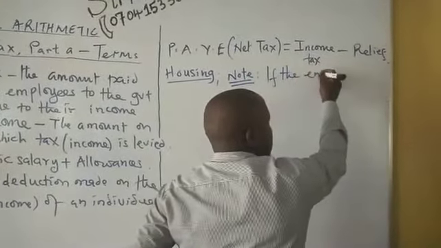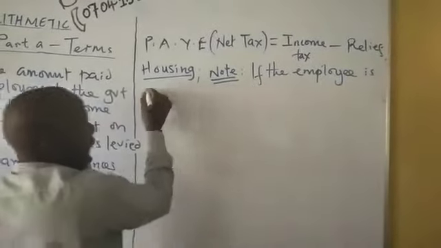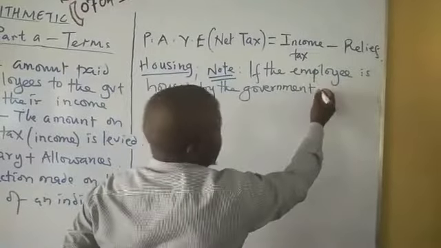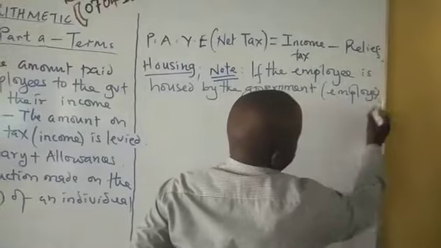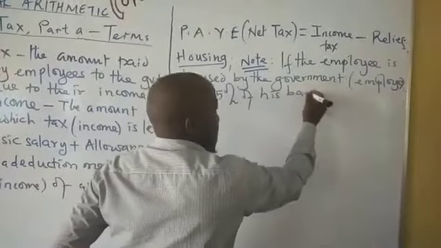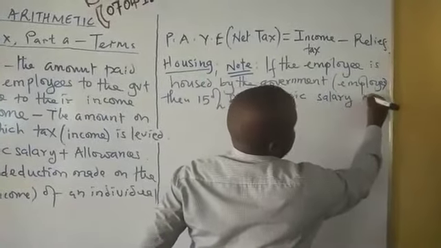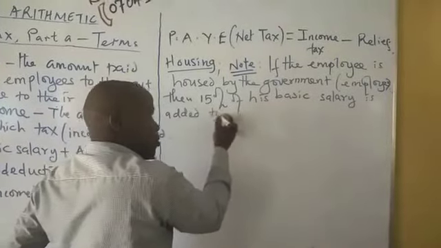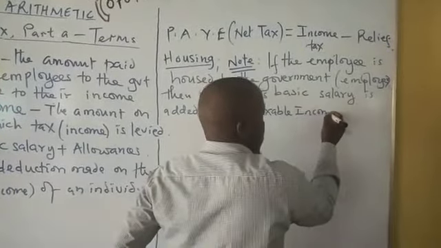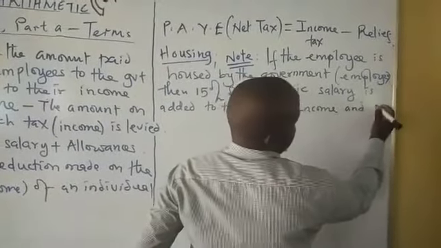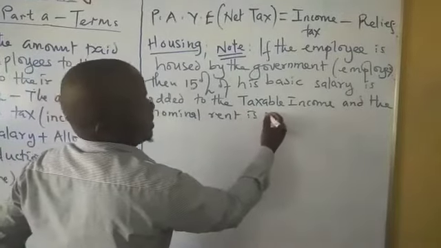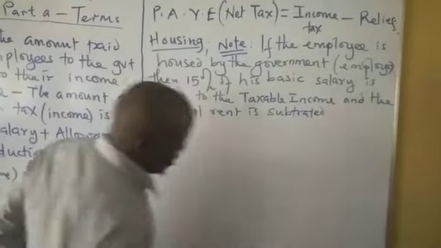If the employee is housed by the government or any other employer, then 15% of his basic salary is added to the taxable income for taxation, and the nominal rent is subtracted.